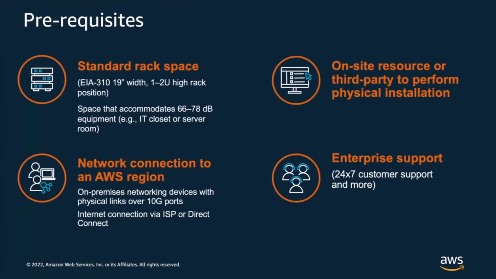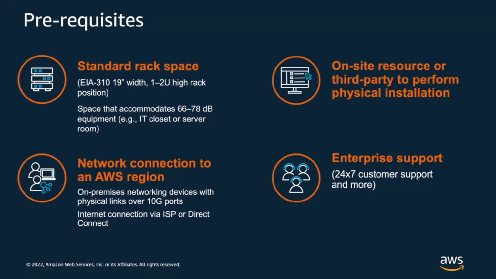There are some prerequisites we want to talk through. These things have to be installed in an adequate location before ordering. We like to see these prerequisites be walked through. As a customer, the first thing you need to know is you'll need to be able to provide space, power, and networking for the Outpost servers themselves.